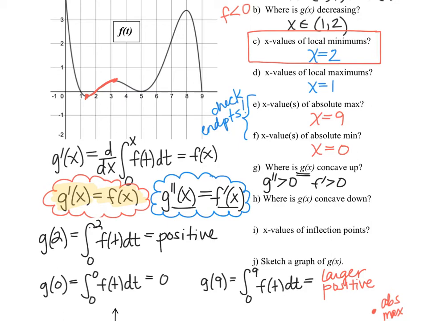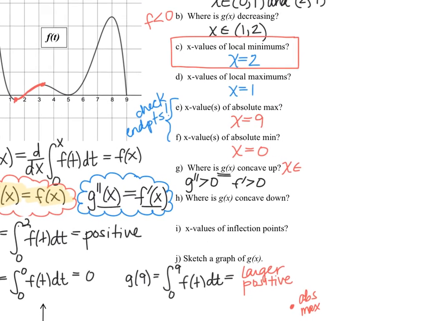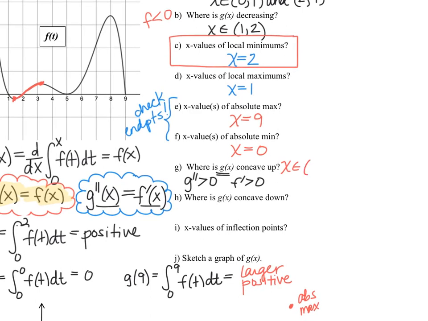So we are concave up on an x interval from about 1.5, and again I'm just estimating here, to approximately 3.2. And then concave up again from 5 all the way to approximately 8. So the interval from 5 to 8 would be the second interval where f prime is greater than 0, which means g double prime is greater than 0.